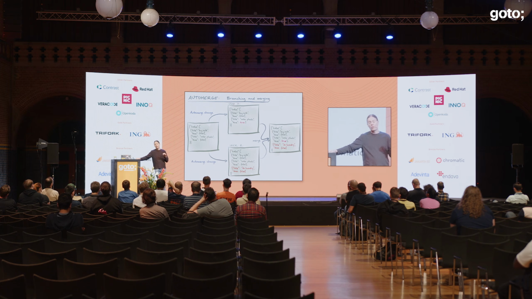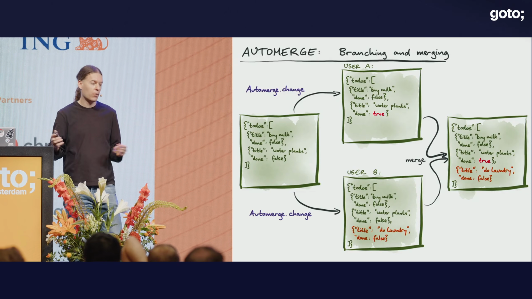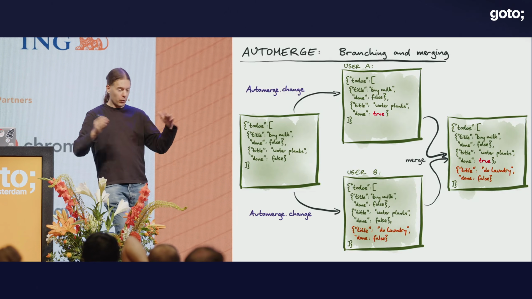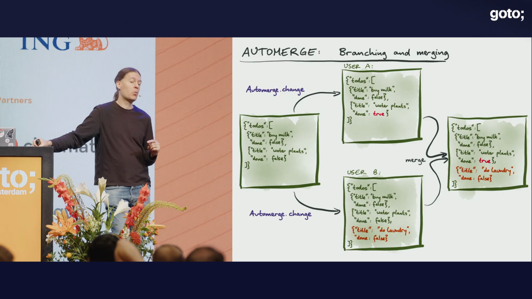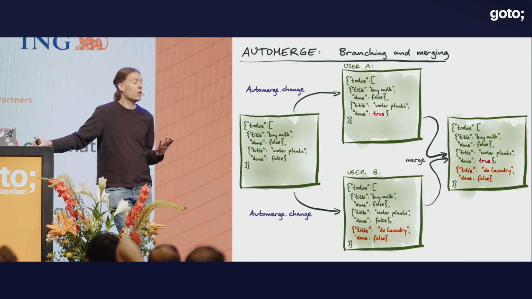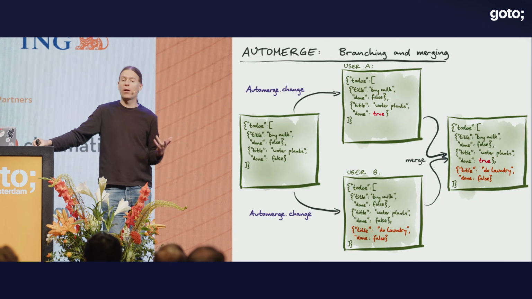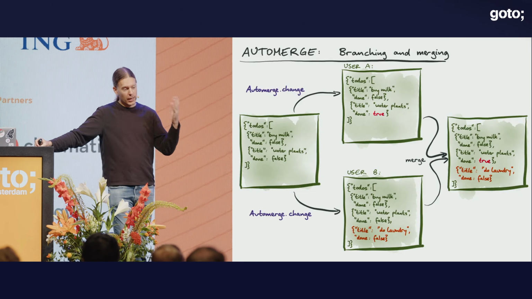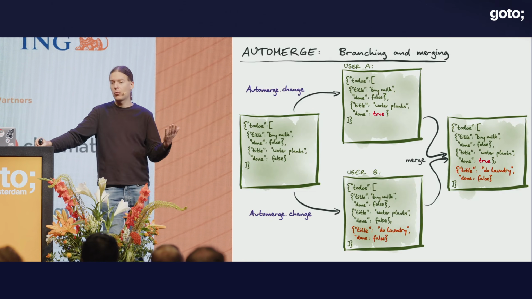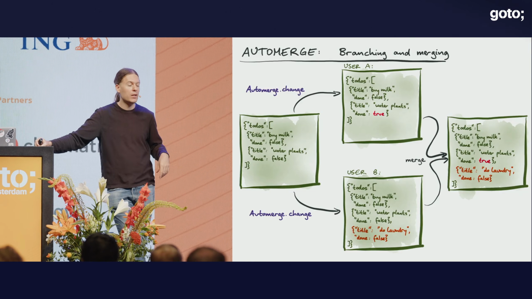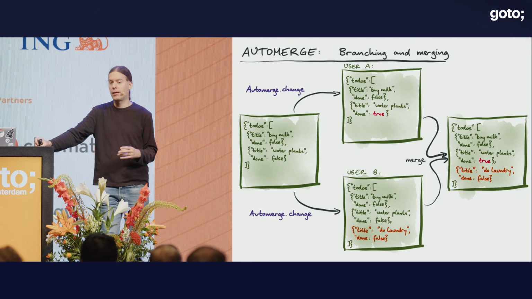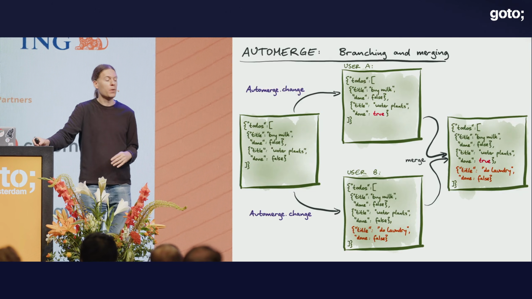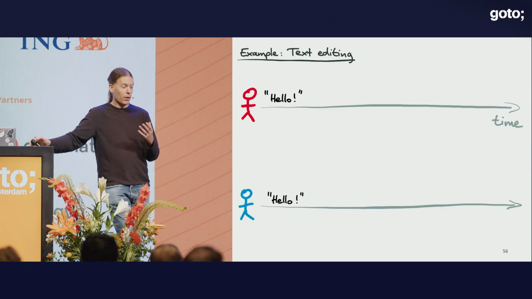But in general, it is possible also to do this manual conflict resolution if multiple users update the same value in the same object. But that's really the only case that needs special handling, and everything else, like inserting and deleting items from lists, updating keys in a map, or also deleting keys, and we're increasingly adding other types of operations as well, can be merged automatically.